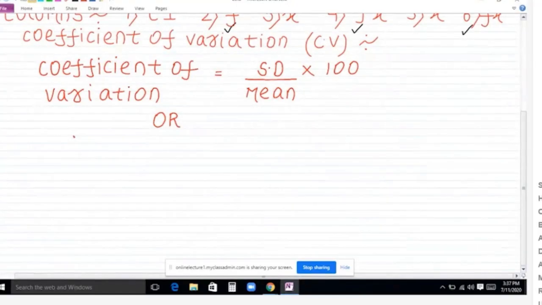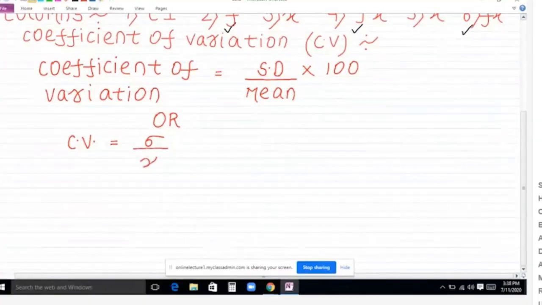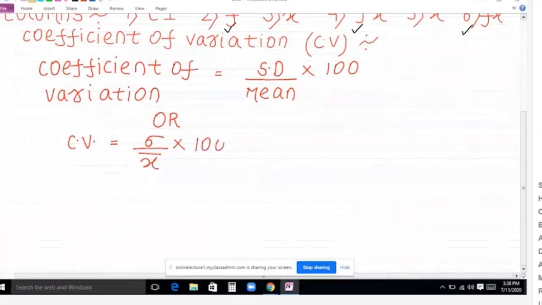Or, coefficient of variation is equal to sigma upon x bar, multiplied by 100.